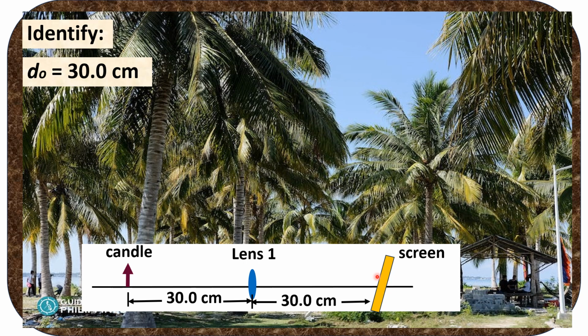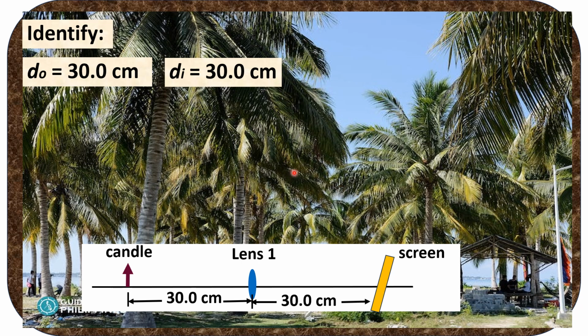Hence, the image distance, d sub I, is equal to positive 30.0 centimeters, which suggests that the image is real. Remember, only a real image can be formed on a screen.